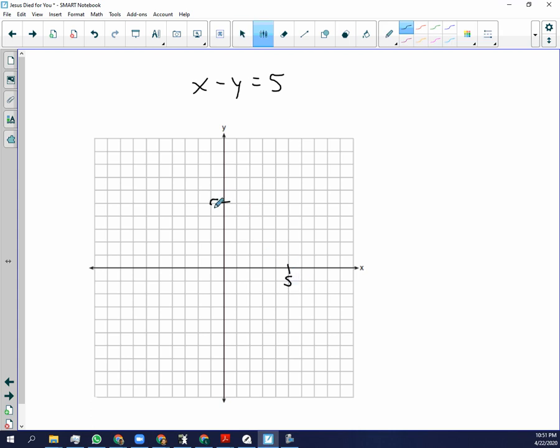Here's 5 on the y-axis. A solution to that might be x equals 7, y equals 2. So we would find 7 on the x-axis. There's 7 on the x-axis. And here's 2 on the y-axis. And where do they meet? Boom. There's the point 7, 2.